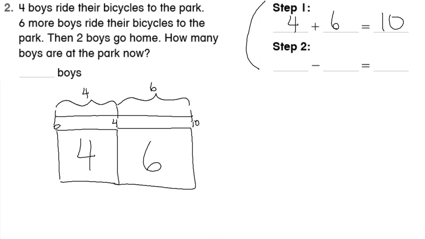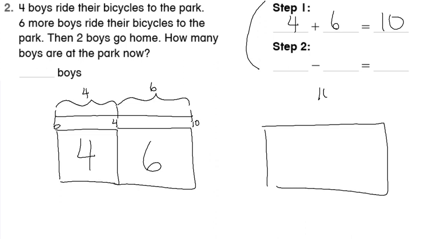Then 2 boys go home. So we have our 10. Our open number line is going to go from 0 to 10. And 2 boys go home. So these are the 2 that decide to leave. I'm going to follow that break in the bar diagram up here.